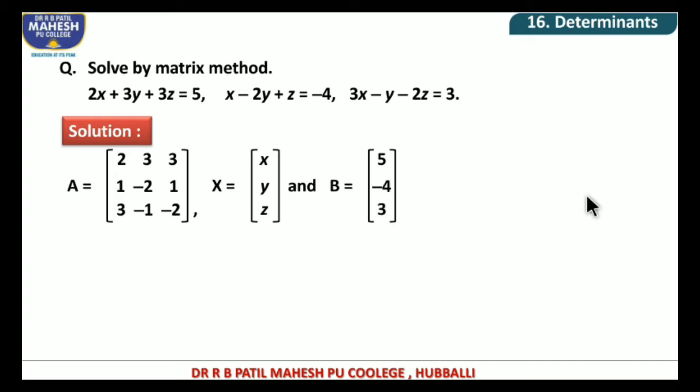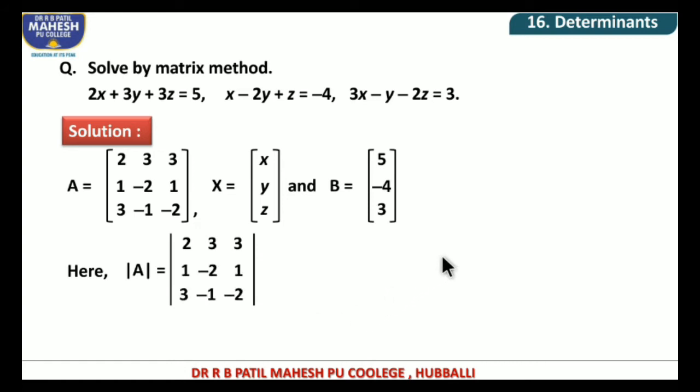So let us find the determinant of A to check whether A inverse exists or not. The determinant of A is the determinant of 2, 3, 3, 1, minus 2, 1, 3, minus 1, minus 2. Now expand it along the first row.